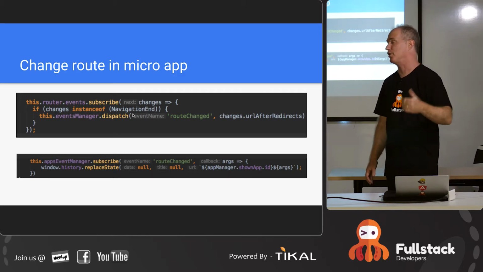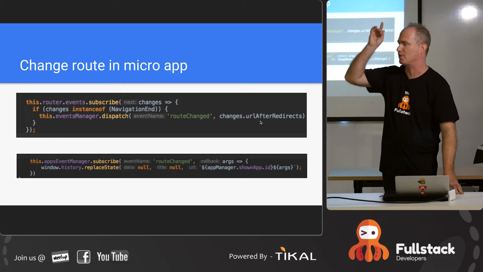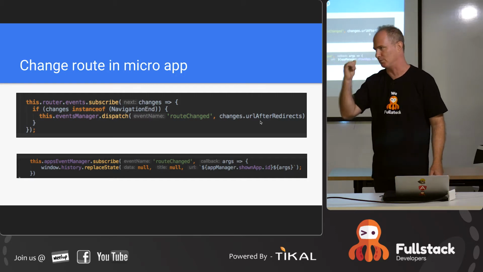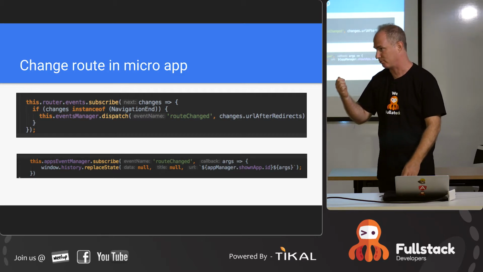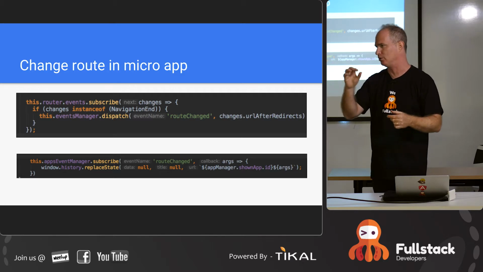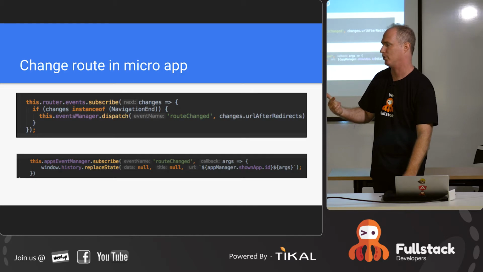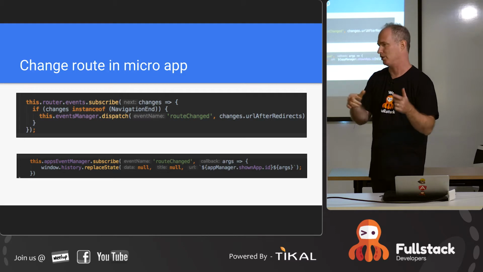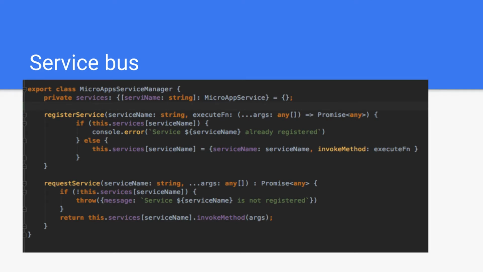And whenever I change the URL in the micro application, I'm dispatching the route change event and sending the new URL to the hosting application so it can replace its own state. So I can see the URL changing on the address bar. Okay, and then when I hit refresh, I will get the actual address and the actual routing inside the micro application.